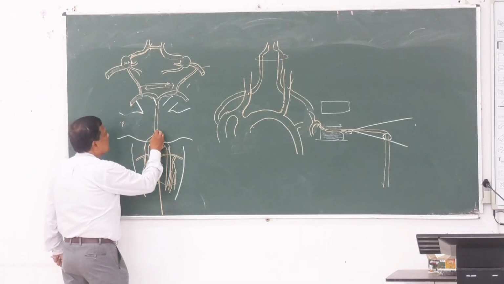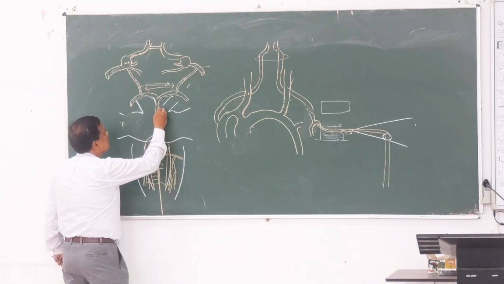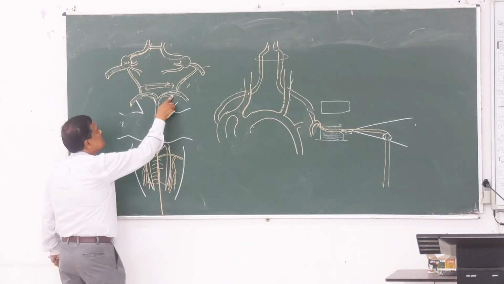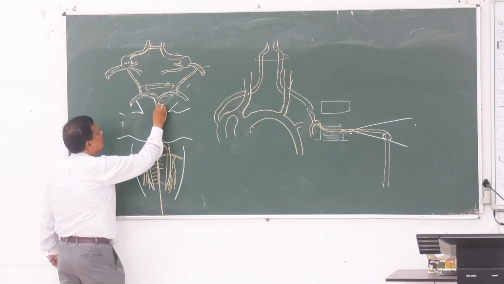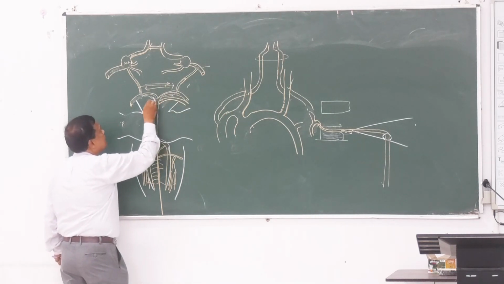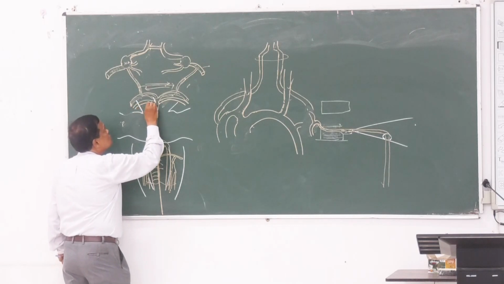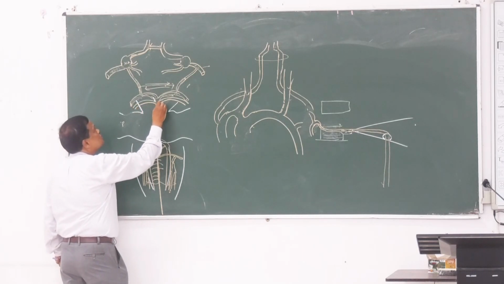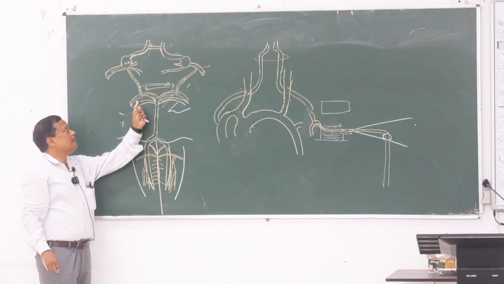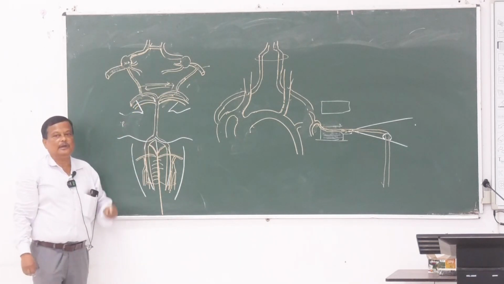Next, basilar artery. The most important branch of the basilar artery is the posterior cerebral artery, its terminal branch. Just proximal to the posterior cerebral artery is the superior cerebellar artery, going more or less parallel with it.